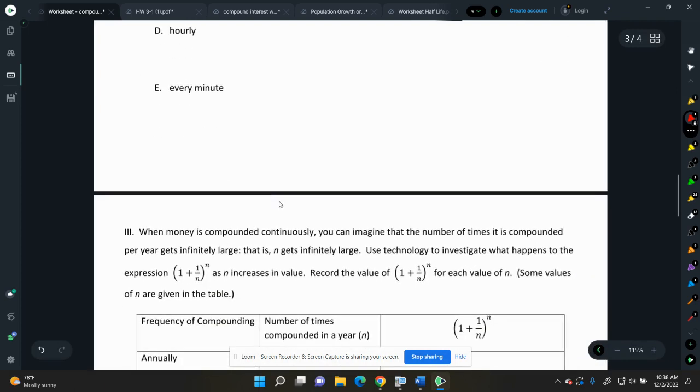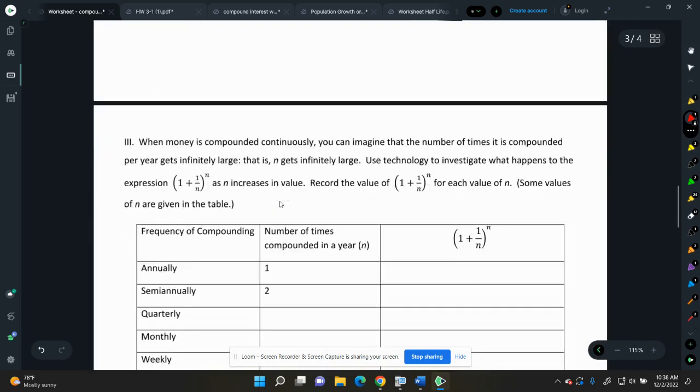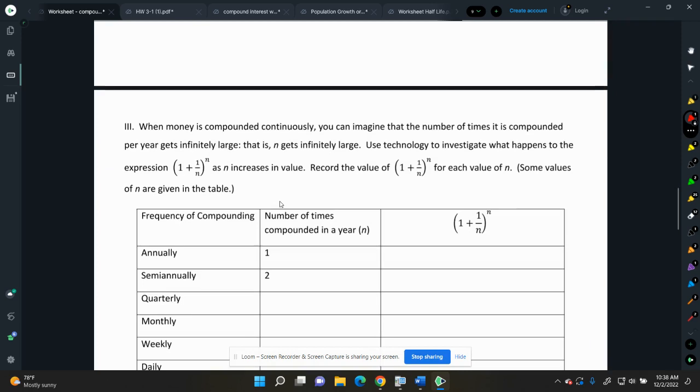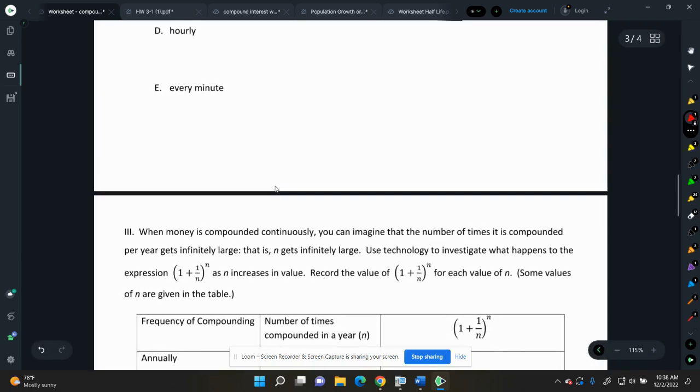So we've talked about simple interest, right? I equals PRT. That's simple interest. So just as a reminder, simple interest, I equals PRT. Tell me how that's different than compound interest. Okay.